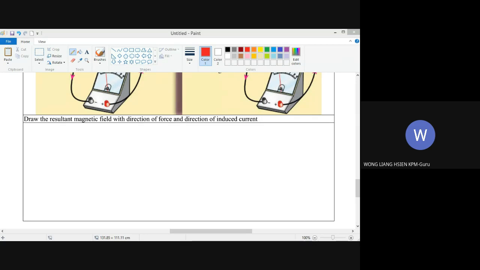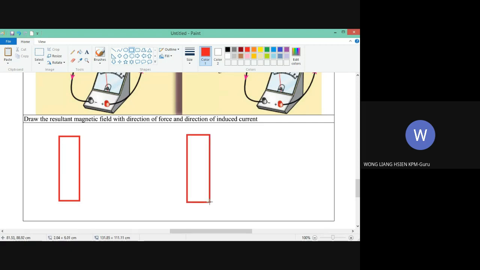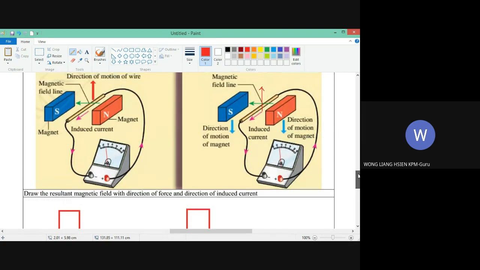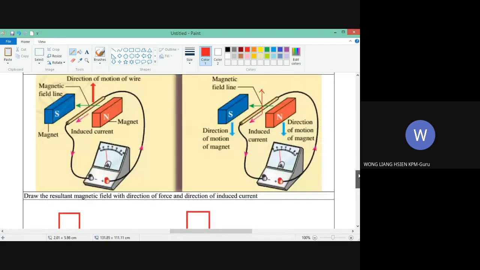Okay, so this part is very important, seriously very important. Let's say that we have this magnet.